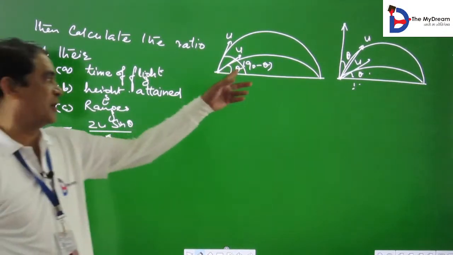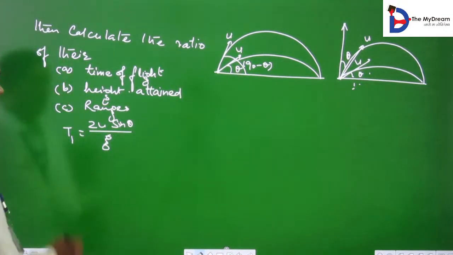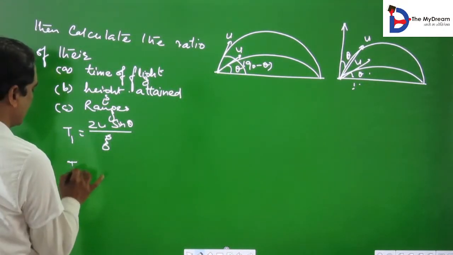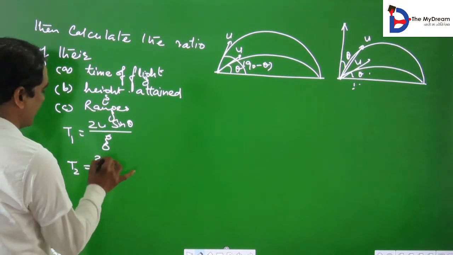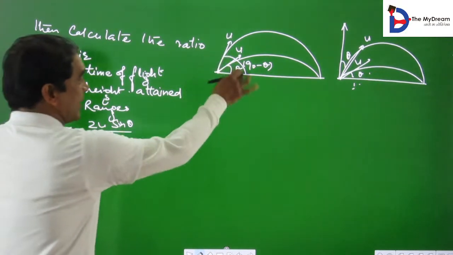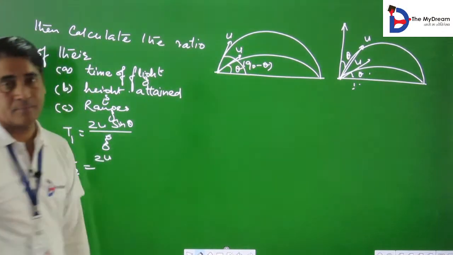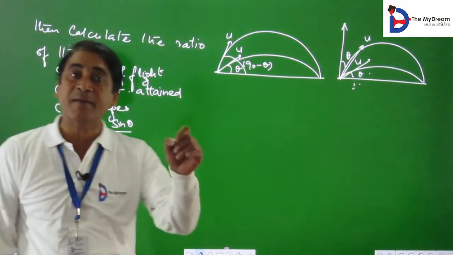Here the angle of projection is theta. Another one is twice of u sine 90 minus theta. Sine 90 minus theta gives cos theta.